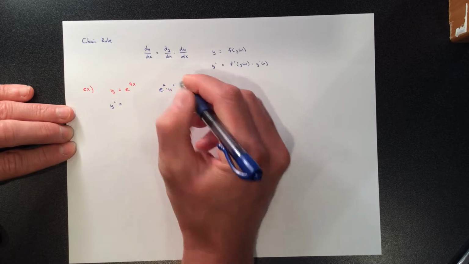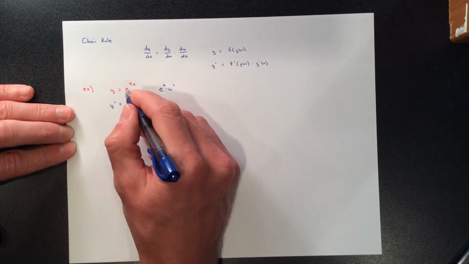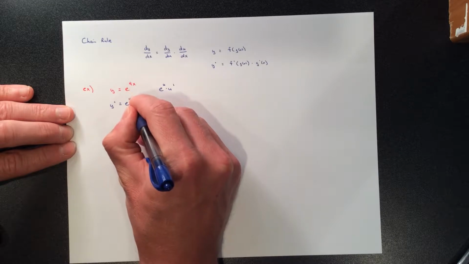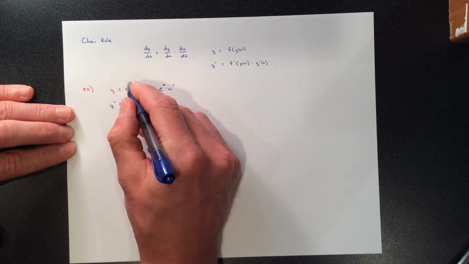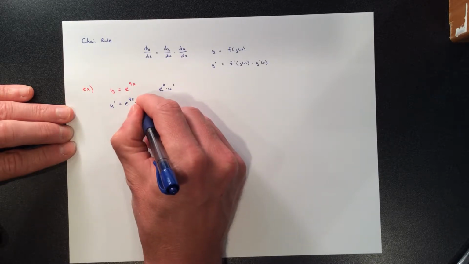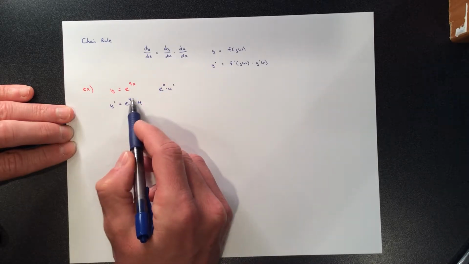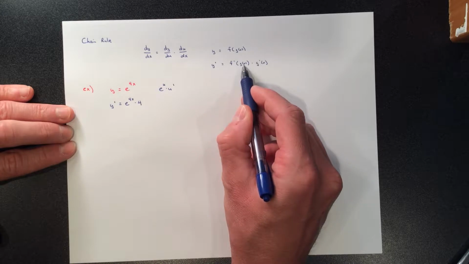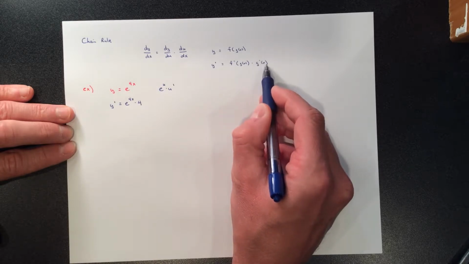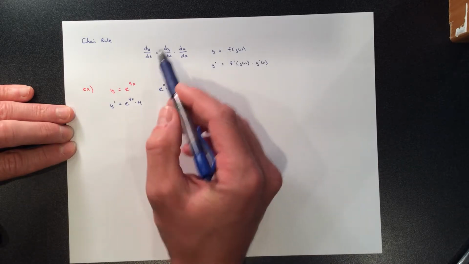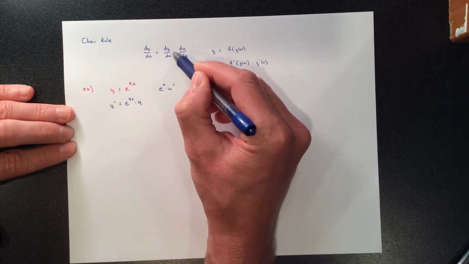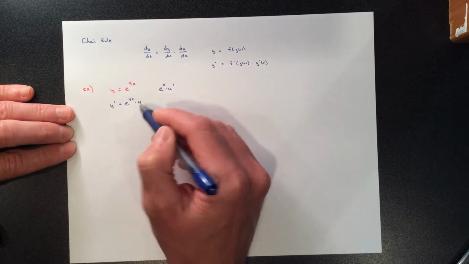The derivative of an exponential is the exponential itself times the derivative of the inside, in this case times 4. This e to the 4x is the derivative of our big function without changing the argument, times the derivative of the argument. Or the exponential e to the 4x is the dy/du times du/dx, which is 4.